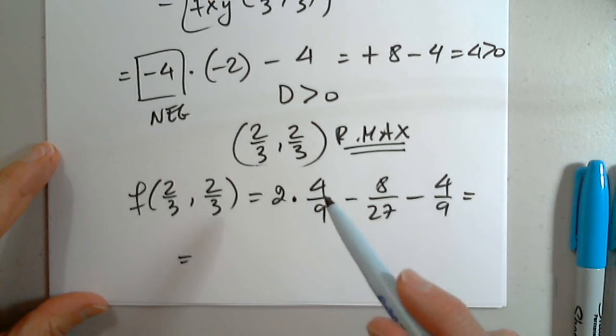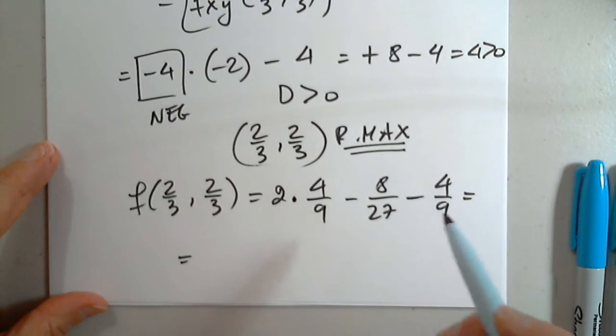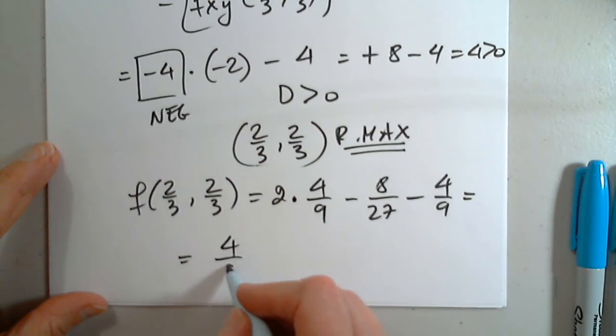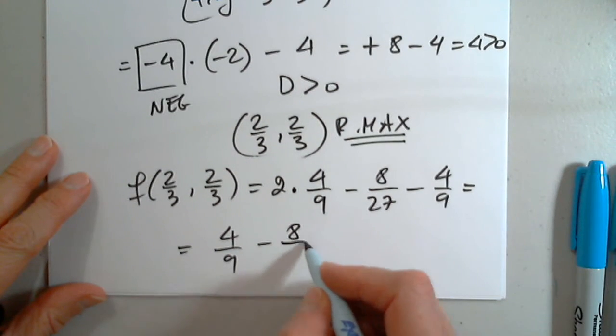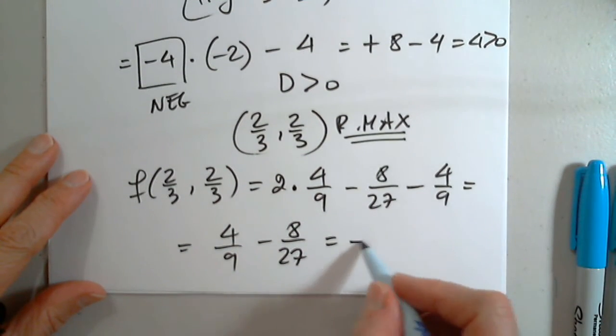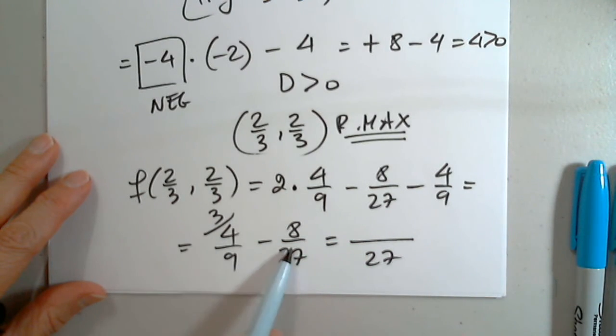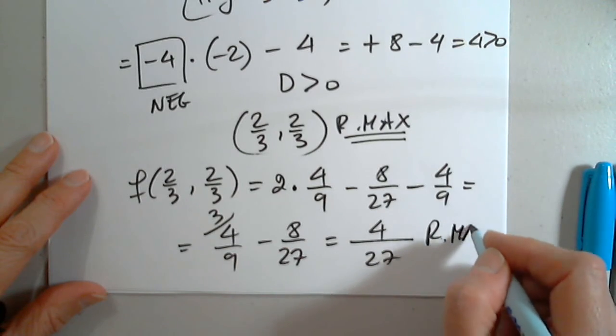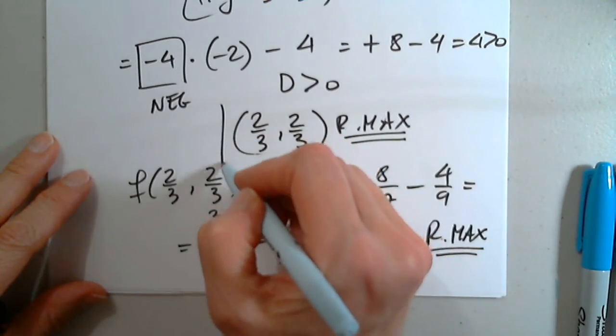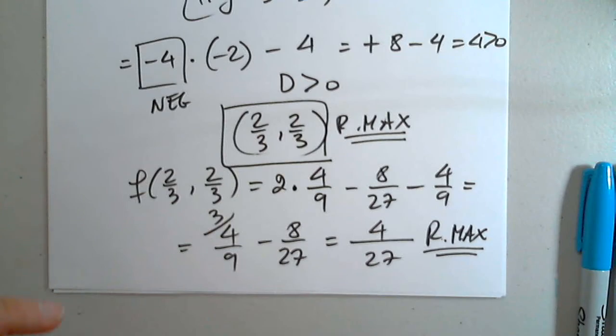So 8 over 9 minus 4 over 9 is 4 over 9, minus 8 over 27. The least common denominator is 27. I need a 3, so 12 minus 8 is 4. So the relative max is 4 over 27, and it is obtained at the point B, (2/3, 2/3).